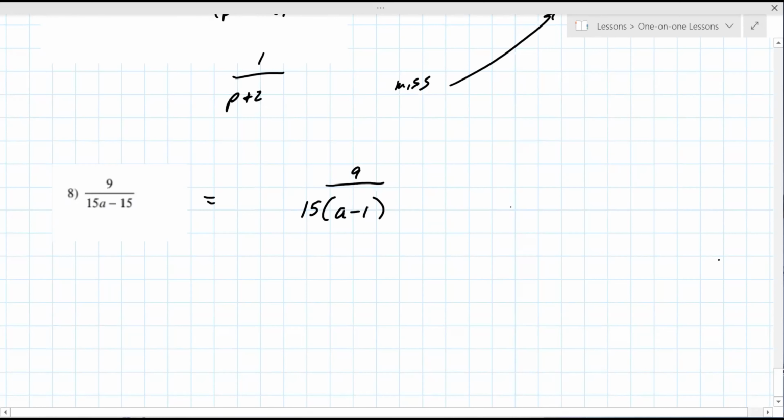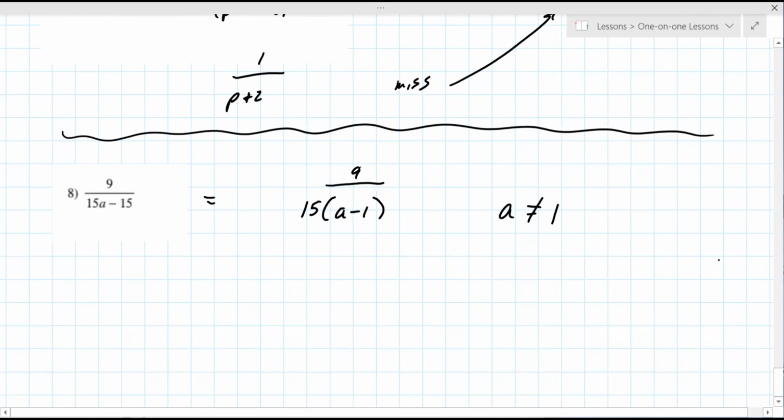This just makes it easier to see that a cannot be 1 in number 9. But then you have to simplify 9 over 15, so it becomes 3 over 5a minus 1.